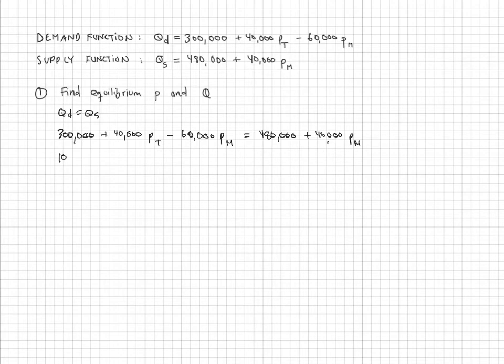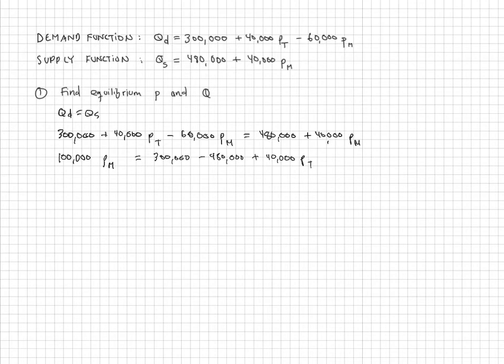So if I move them over, I have PM here, and then I'm going to put all the other variables on the other side. So you have 300,000 minus 480,000 plus 40,000 PT.